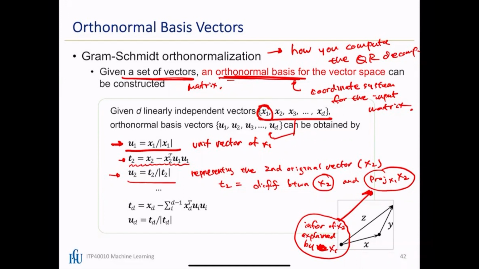Later on, you do the same thing cascadingly. For every xi, you first try to explain the vector itself using the projection onto the earlier vectors.